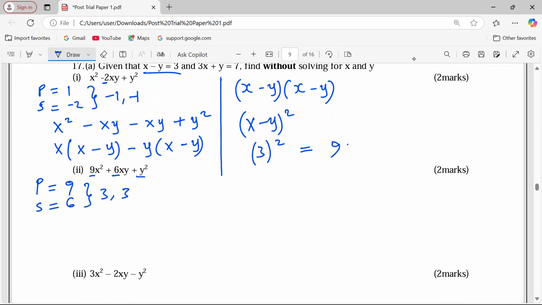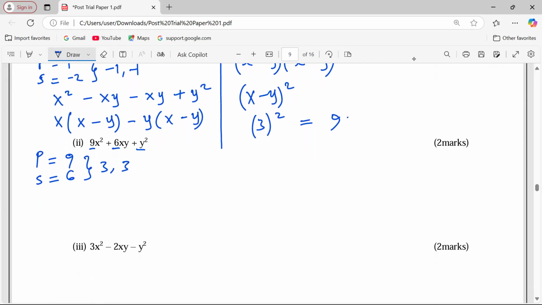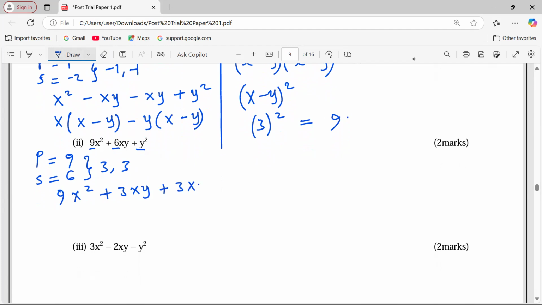You can see the factors are the same, meaning that we are likely to get, once again, a perfect square. So this is 9x squared plus, instead of 6xy, we replace it with 3xy, then 3xy plus y squared.